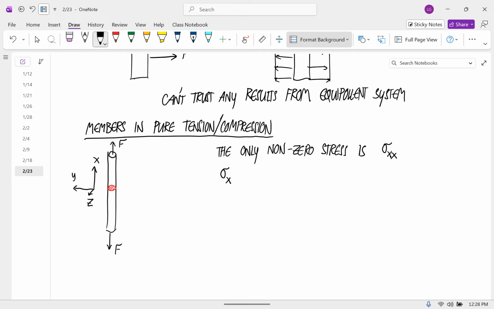And so that's the normal stress along the x-axis. And that value is equal to the force divided by the cross-sectional area, where this red is the cross-sectional area. Okay, so when we do the tensile test, that's how we calculate the stress, and that's how we do it again here.